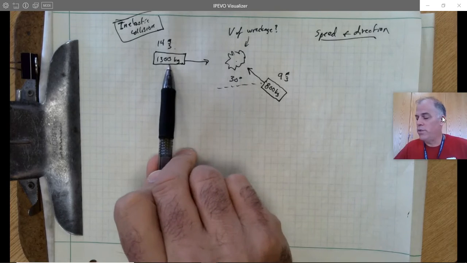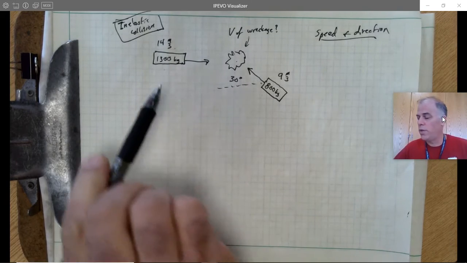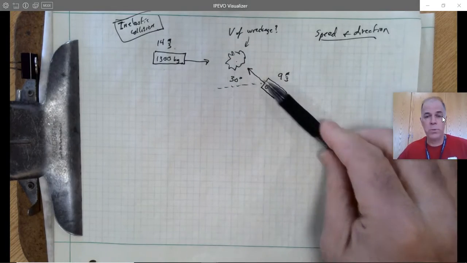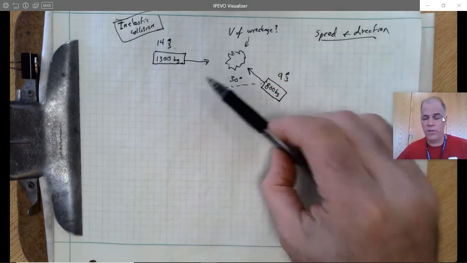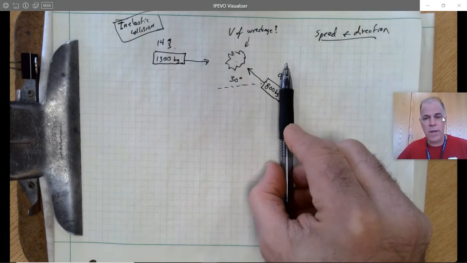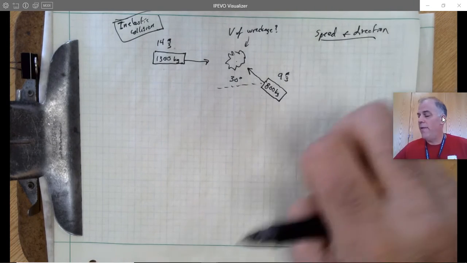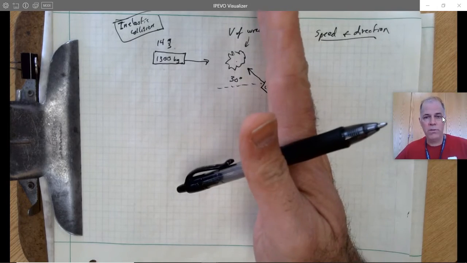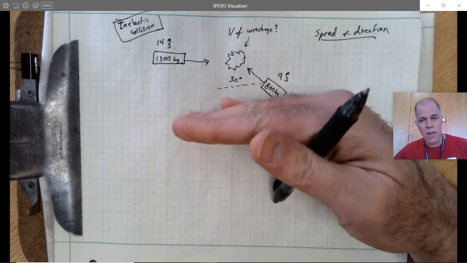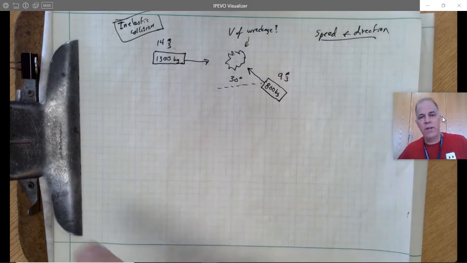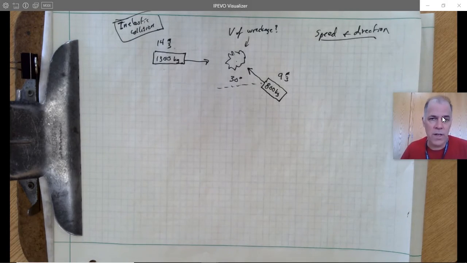This one is moving sideways, so all its momentum is horizontal and none vertical. This one, though, is moving at an angle, so it's going to have some of each. So you've got to figure out the vertical momentum of this guy and the horizontal momentum of this guy. Then you add together all the vertical momentums and all the horizontal momentums, and that will give you the vectors of the wreckage. Then you Pythagorize and do the same thing that we did in the last problem.